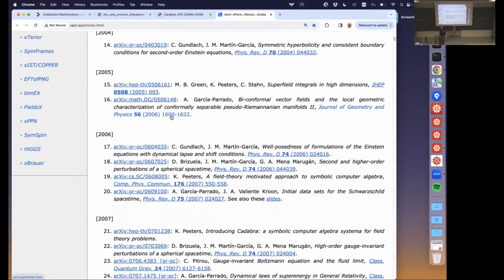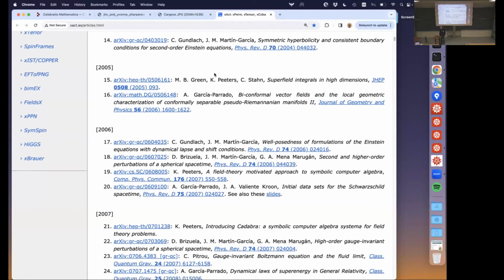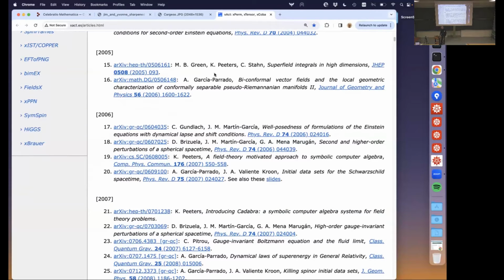Then we changed to study the formulations of Einstein equations for numerical evolutions, which was a big problem in the early 2000s because the black hole evolution codes were not able to simulate a single orbit. And so we studied with xAct large families of formulations just to see the advantages of each comparatively. This ended up suggesting the technique of constraint damping, which was the last ingredient that Frans Pretorius needed to stabilize his code.